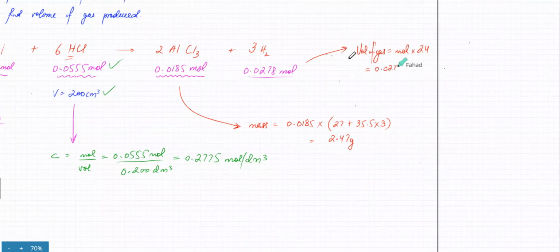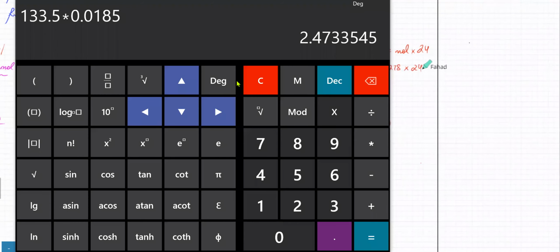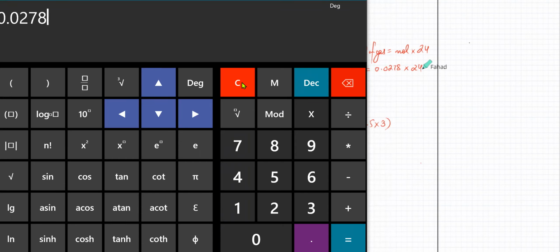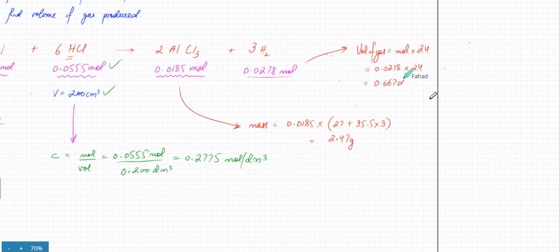And I'm going to multiply it by 24. So it's 0.0278. I'm going to multiply that by 24. It gives me 0.667 dm cube.